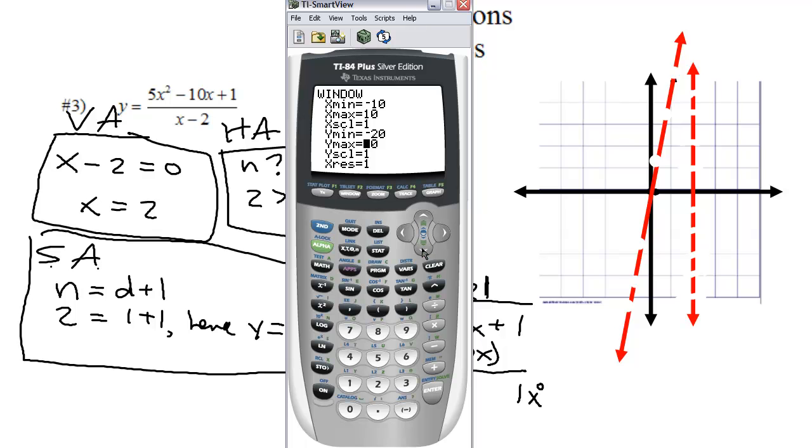I need to change my Y maximum because I can't see where the other part of this graph is. So there's two parts to this. You have this vertical asymptote, you have this slant asymptote. Your curve is between those two in both cases.